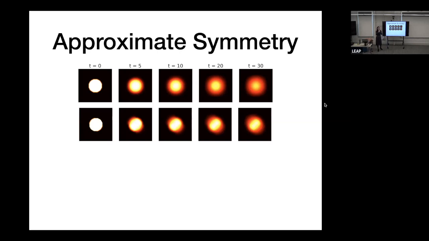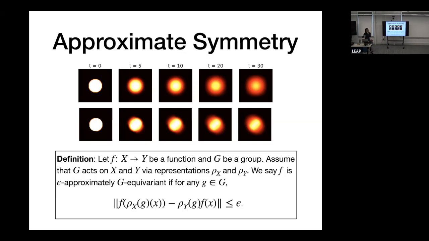So it does not have the rotation symmetry as before. And this type of symmetry breaking is very common in practice due to either the physics or the observational noise. So we need to relax the definition of symmetry to have approximate symmetry.